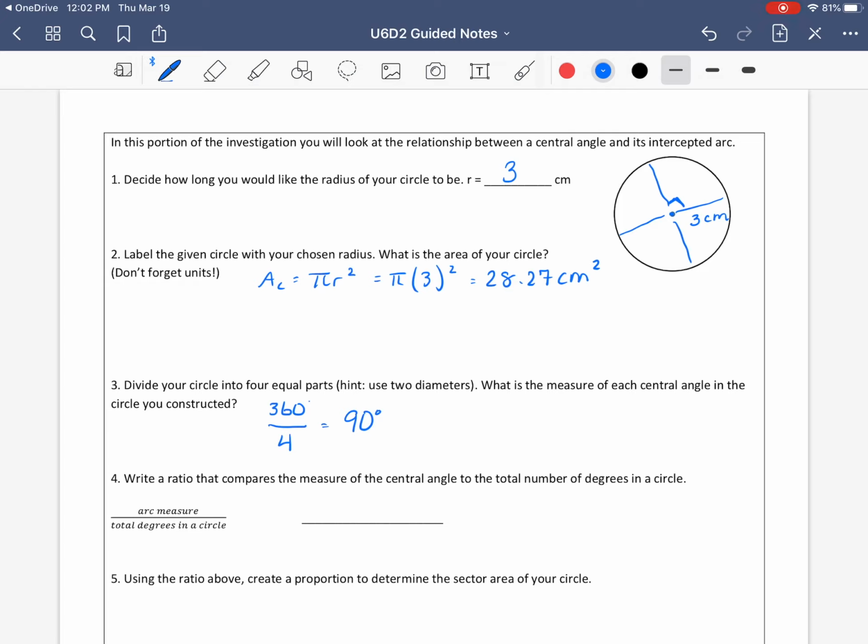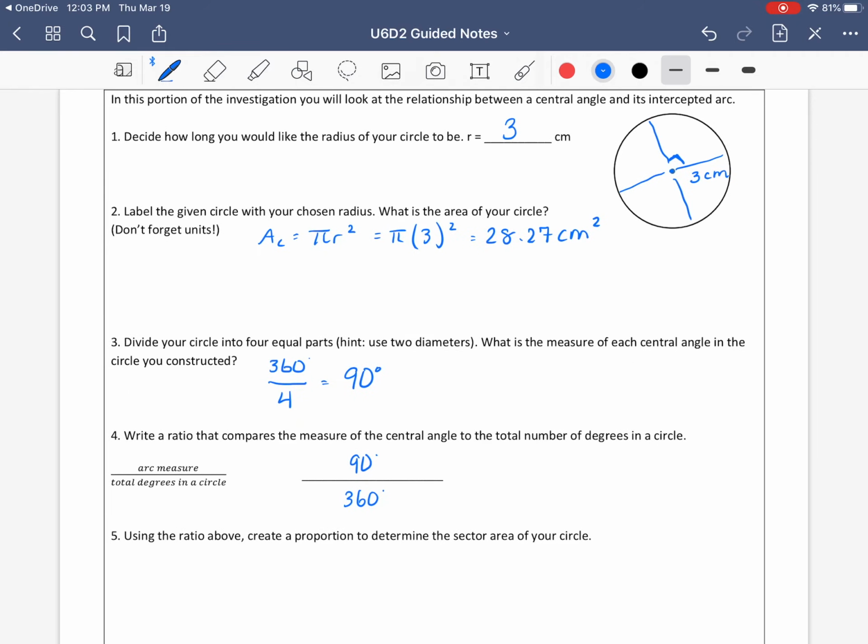Now we're looking at the ratio that we get from doing the arc measure divided by the total degrees in a circle. So our arc measure here, which is the same as the central angle, is 90. And all circles have 360 degrees. Now, using that ratio, we're going to create a proportion.